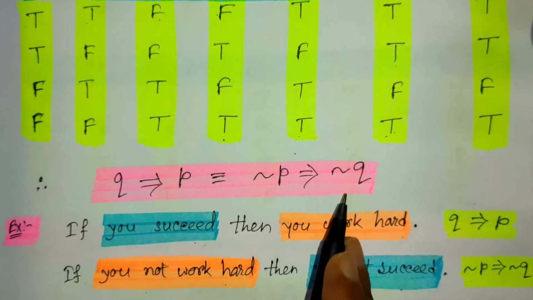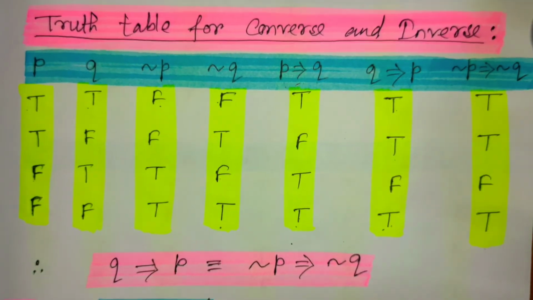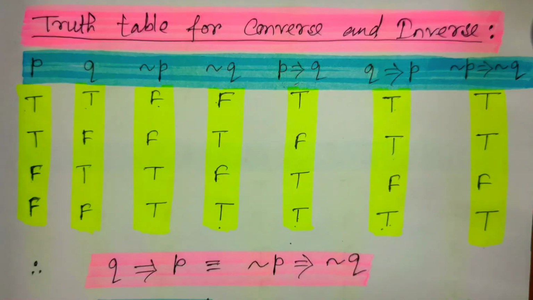These are the two equivalent statements, and both are not equal to the given conditional, nor to the contrapositive of P implies Q, because P implies Q is equivalent to its contrapositive, and the converse and inverse of P implies Q are logically equivalent to each other.